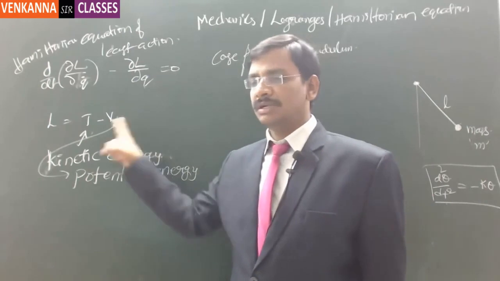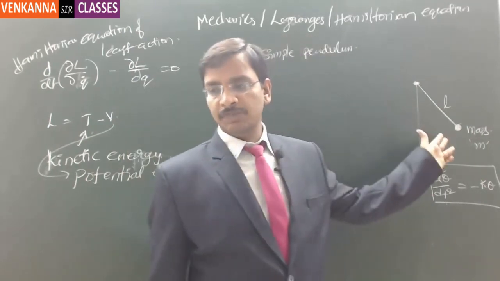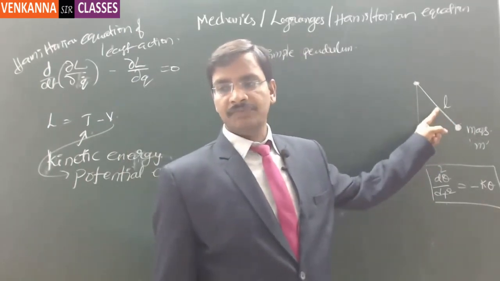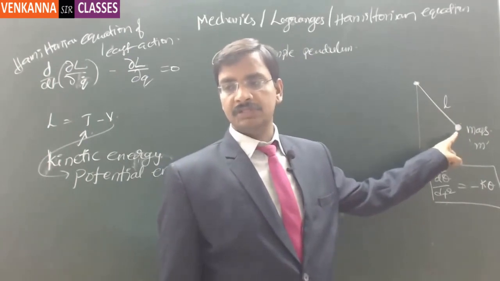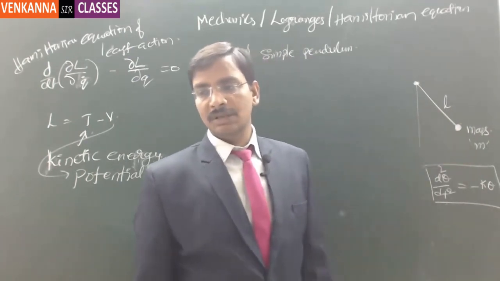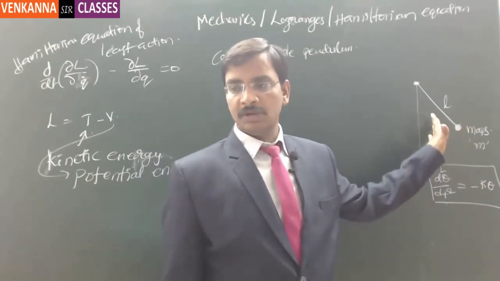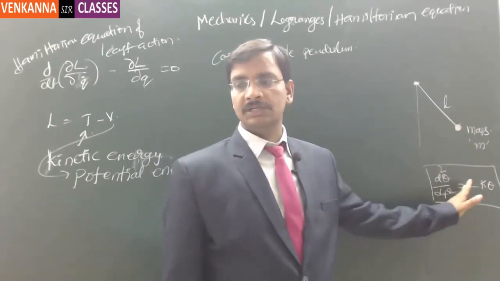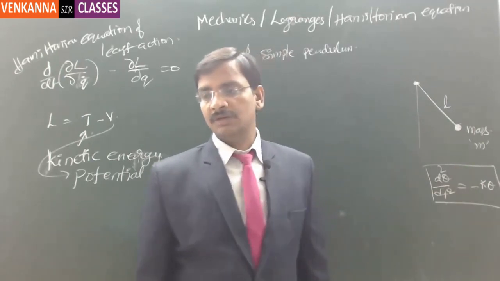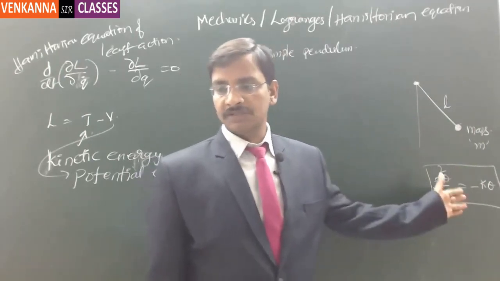So based on this understanding, for a simple pendulum whose length is L and mass is m, there is a ball attached here which is the mass. Can you prove that d square theta by dt square is equal to minus k times theta? So this is the equation of simple pendulum.